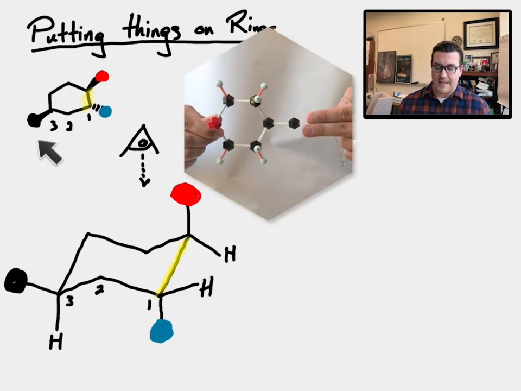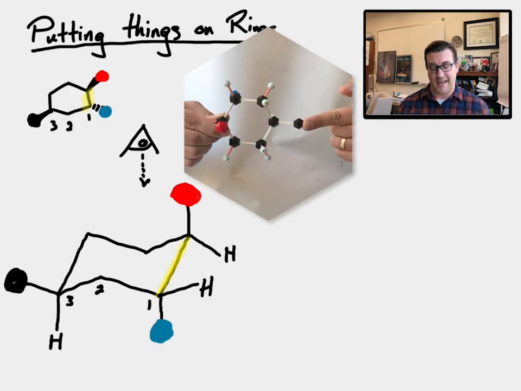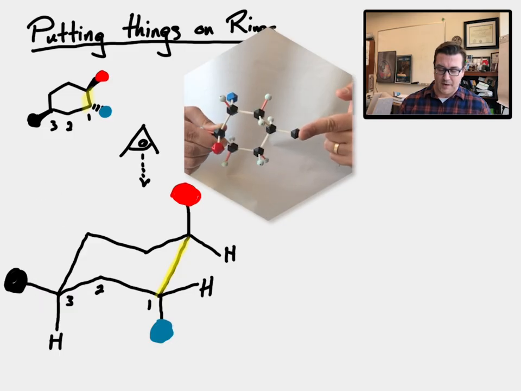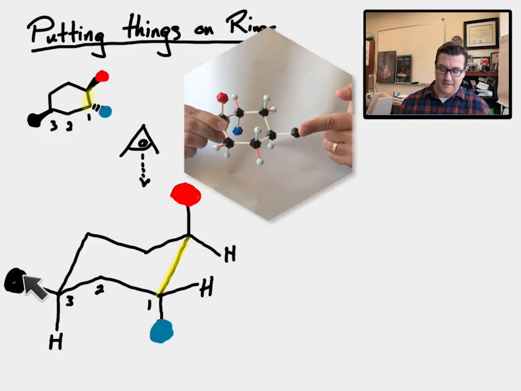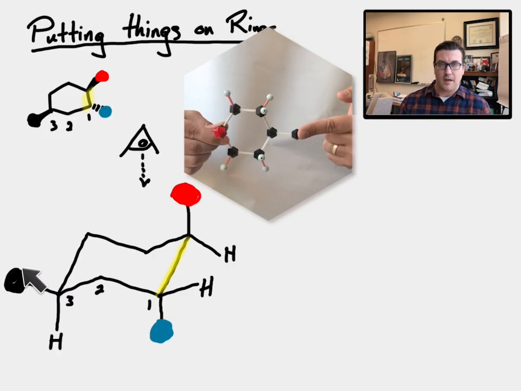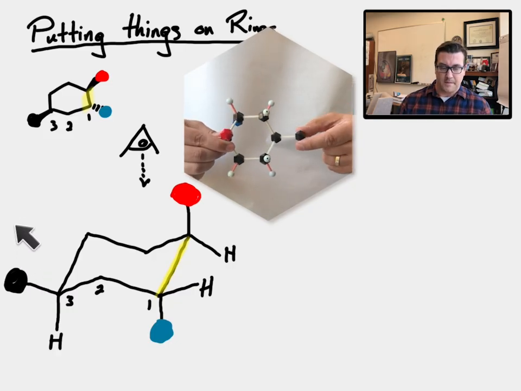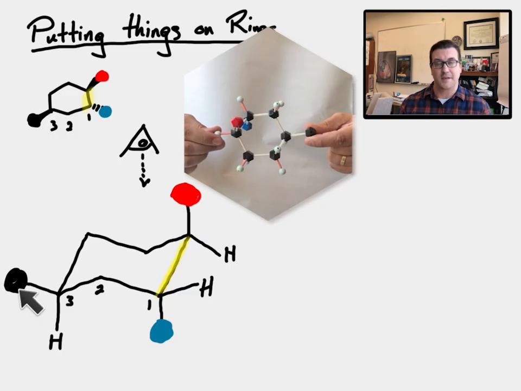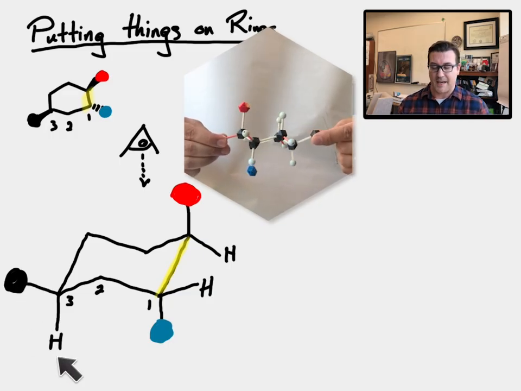And we would recognize now that, again, the first thing you would encounter if you're looking down at this molecule, the black ball is coming out at us. If you're going down this molecule, like cutting cross sections through it, the first thing you would encounter is this black ball here. And again, this hydrogen atom is further away from us.